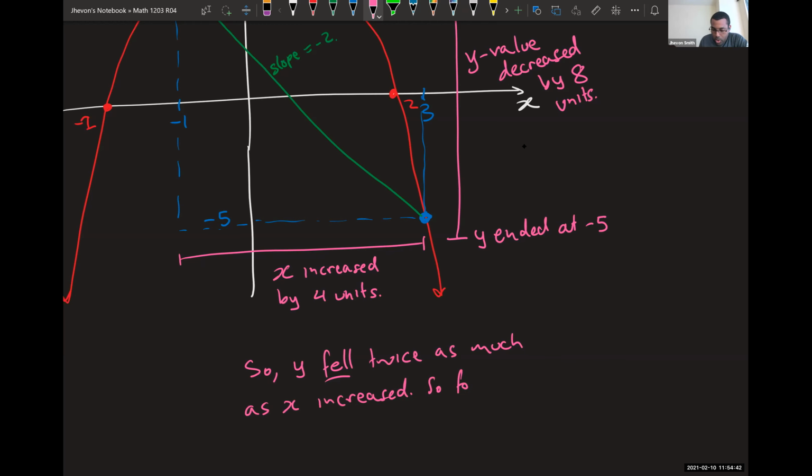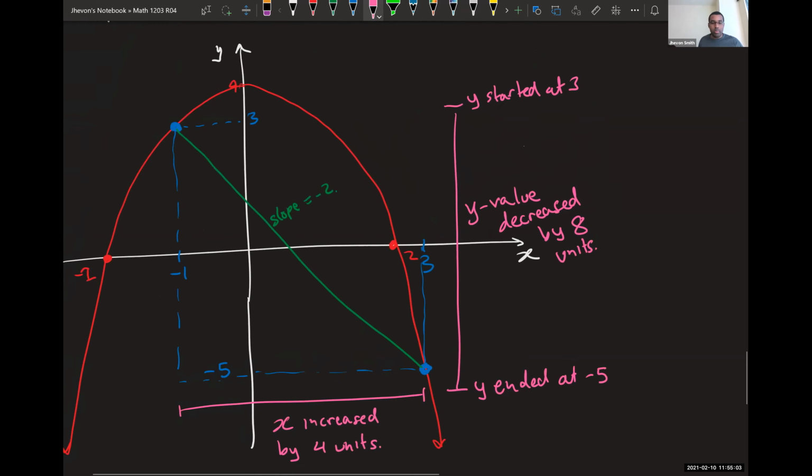So for every 1 unit increase in X, Y lost 2 units. And on average is the important part.